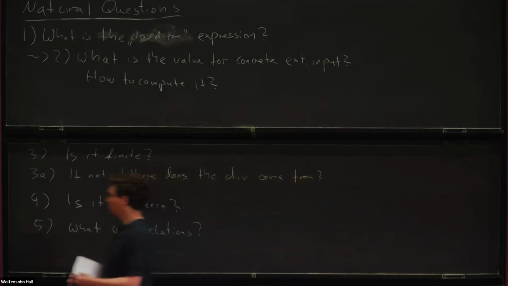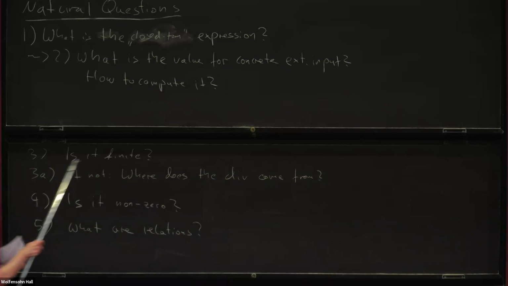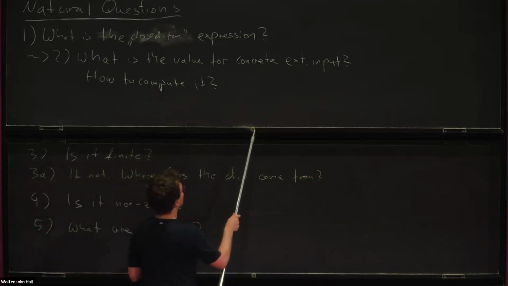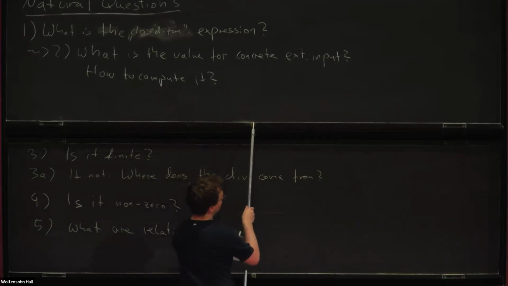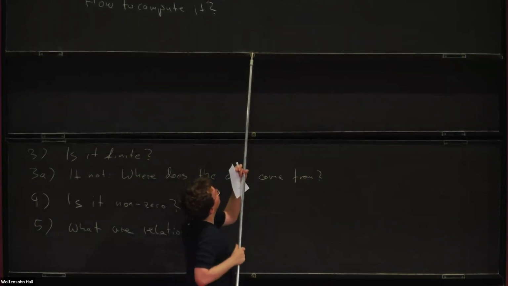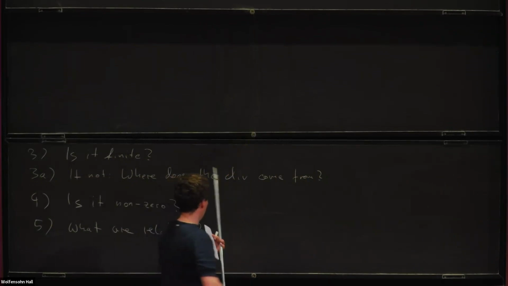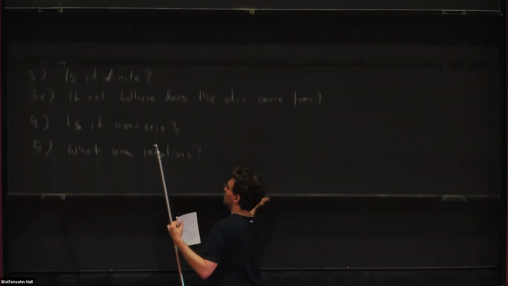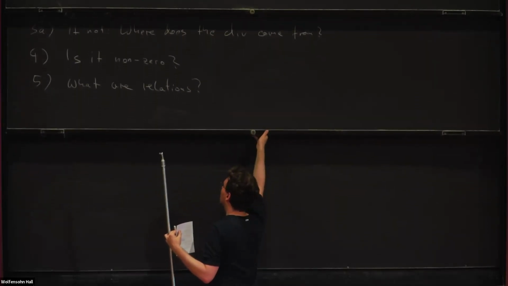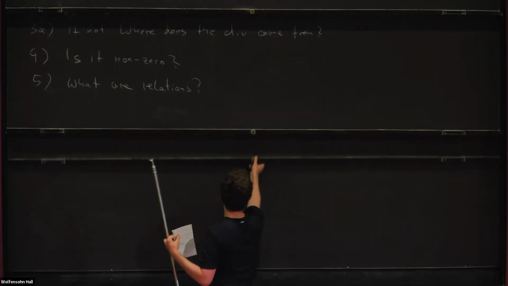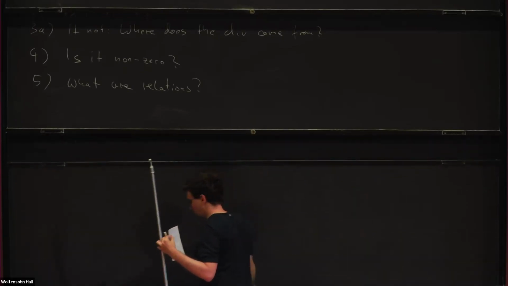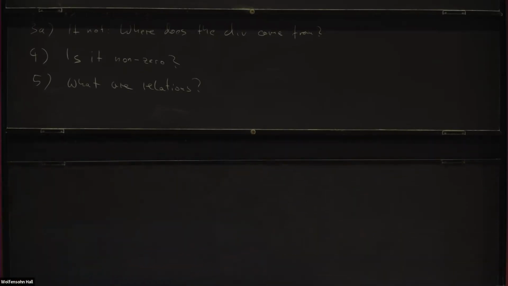So about the first question, what's the closed form expression? I want to write down an example. I'll show you one explicit Feynman diagram and its evaluation, just so that you see it.